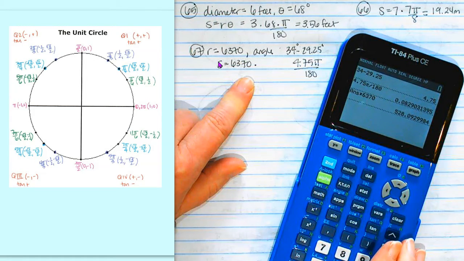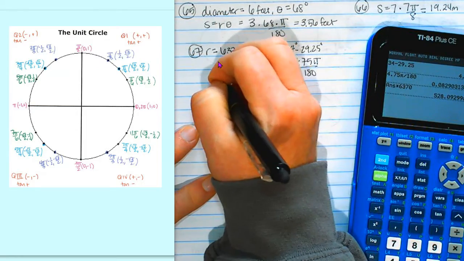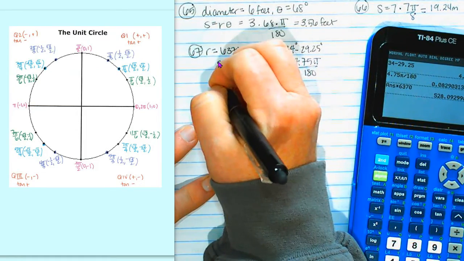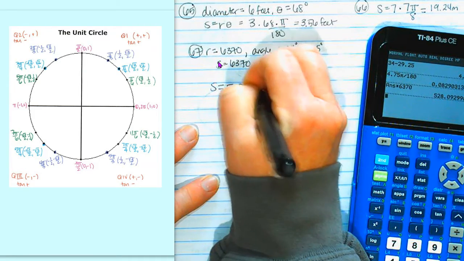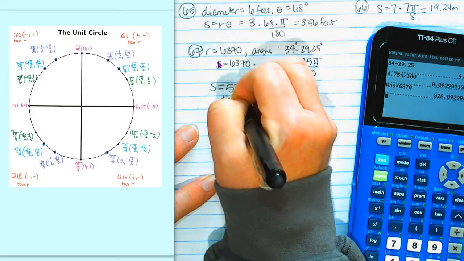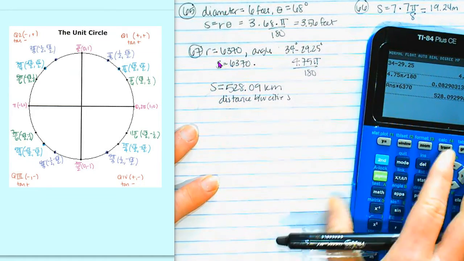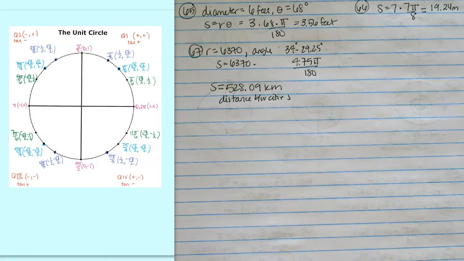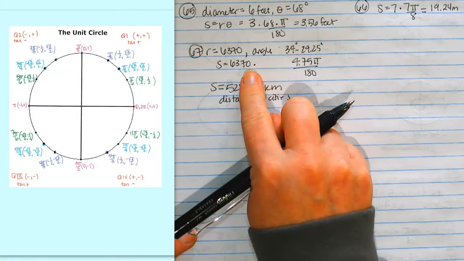So they're about 528.09 kilometers away from each other. So S equals 528.09 kilometers is the distance between the cities. Okay, so it looks like a really complicated problem, but you're basically finding the angle measure and the radius and using arc length.